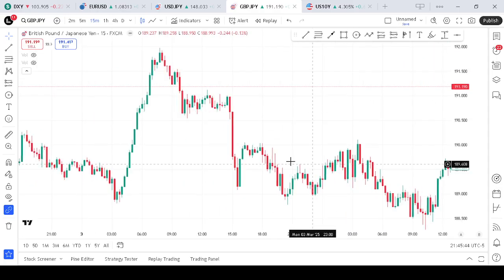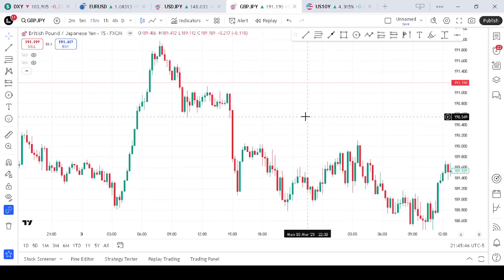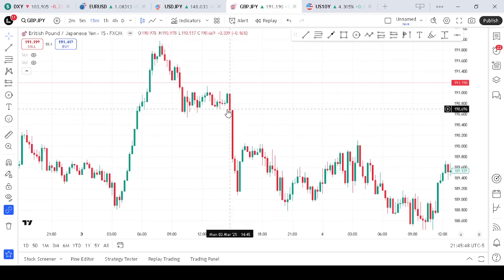This is a typical example of this long black candle.